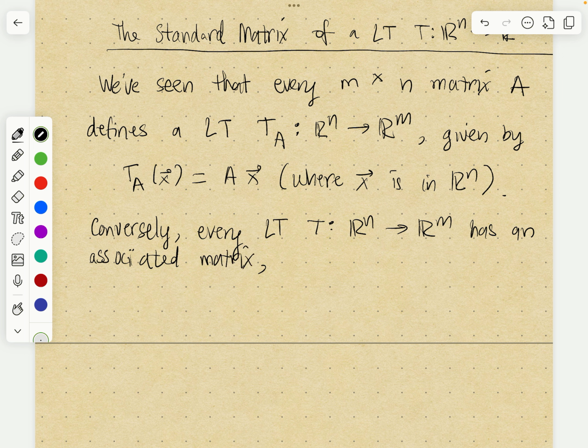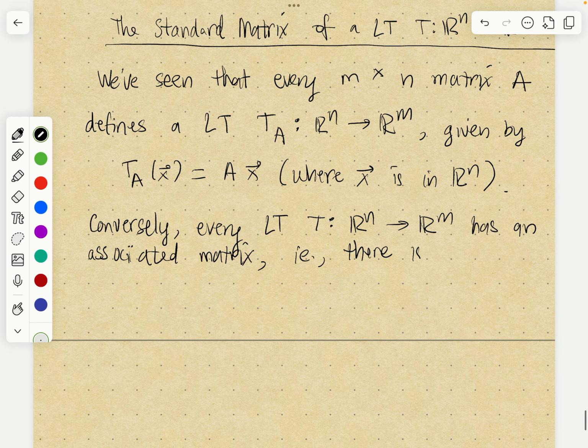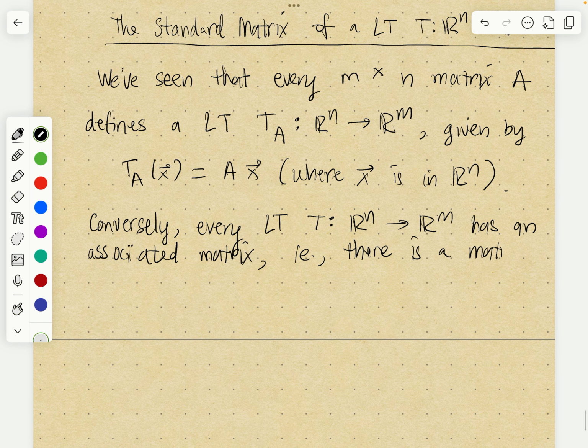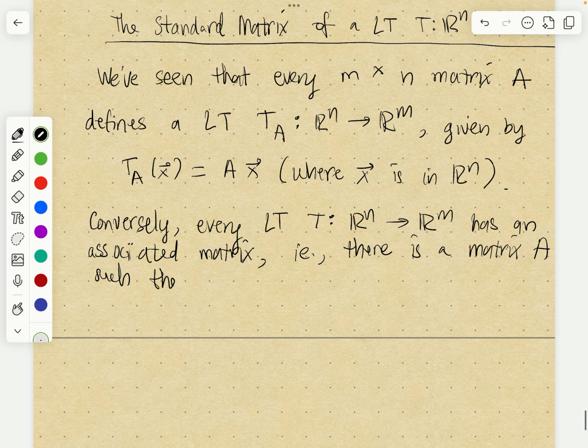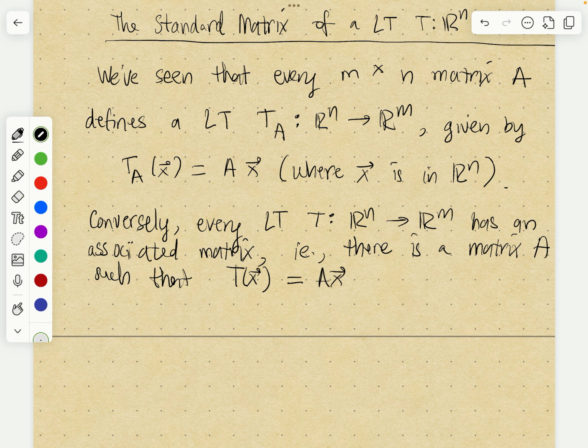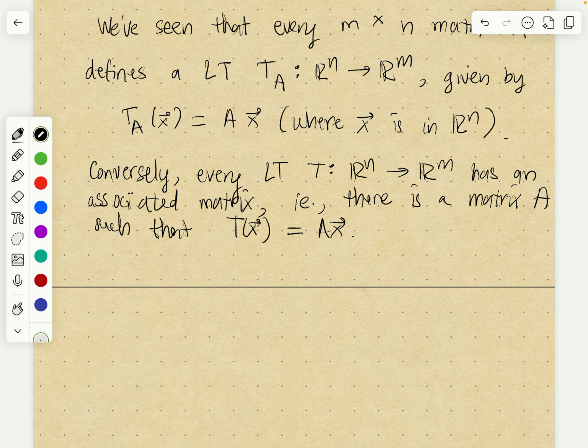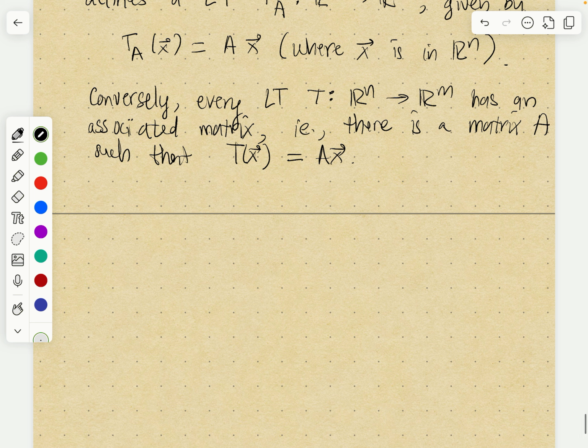That is, there is a matrix A such that T of x is equal to A times x. In other words, every linear transformation from Rn to Rm really can be thought of as a matrix times a vector operation.